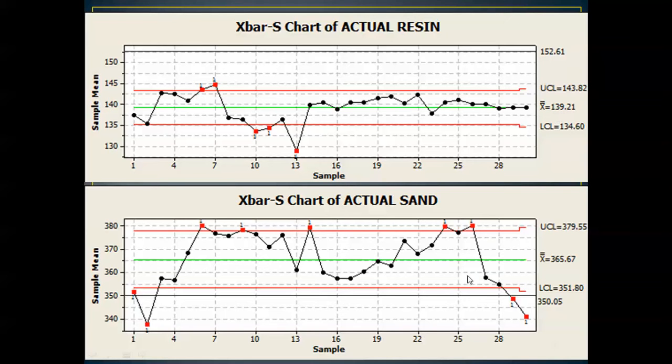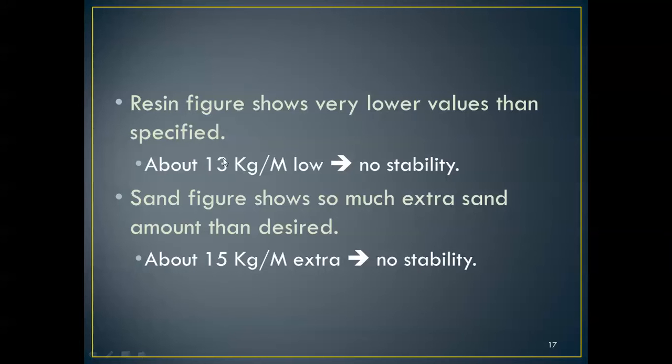And for sand, we are getting about 13 kg per meter higher than specified. The desired value is 350 kg per meter, and the actual average value is 365 kg per meter.